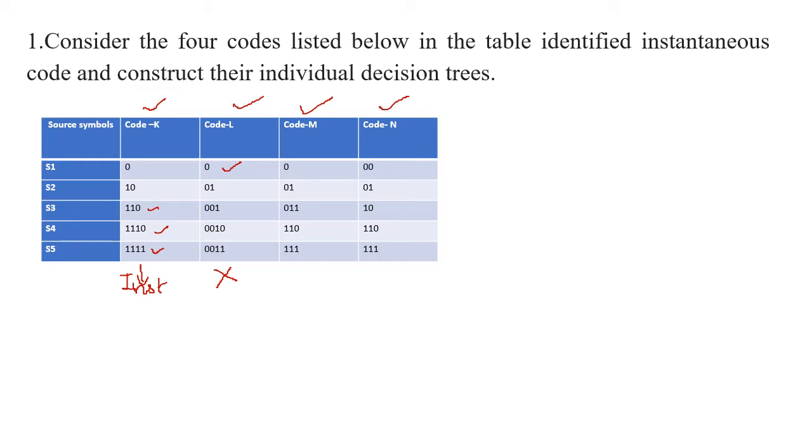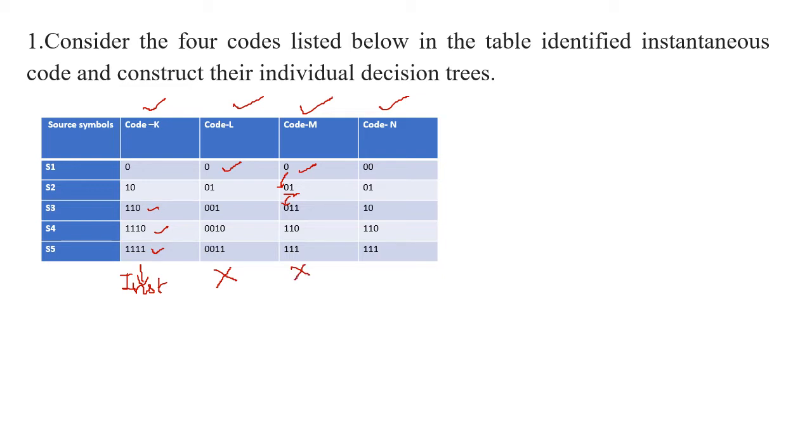Next we'll see code M. In code M, for symbol S1 you have the code word 0. Again, this 0 is the prefix of this particular code word, and 01 is the prefix of symbol S3. So we can tell that code M is also not an instantaneous code.